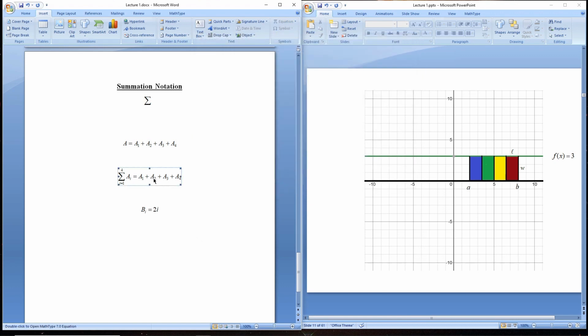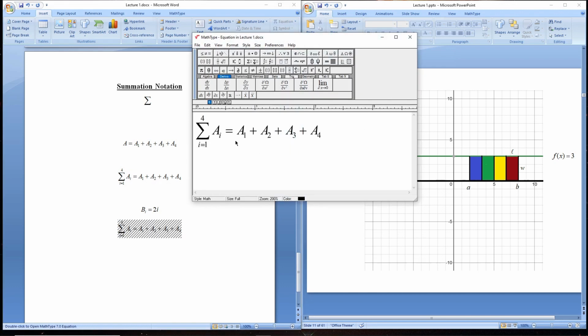We'll do this for 4 terms, so let's say we want to sum this. Here's our expression, B sub i. We're going to go from i equals 1 to 4.